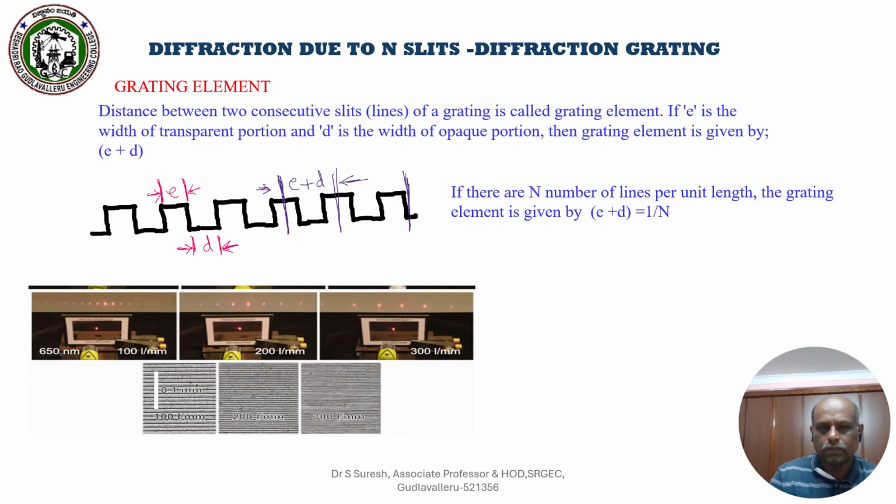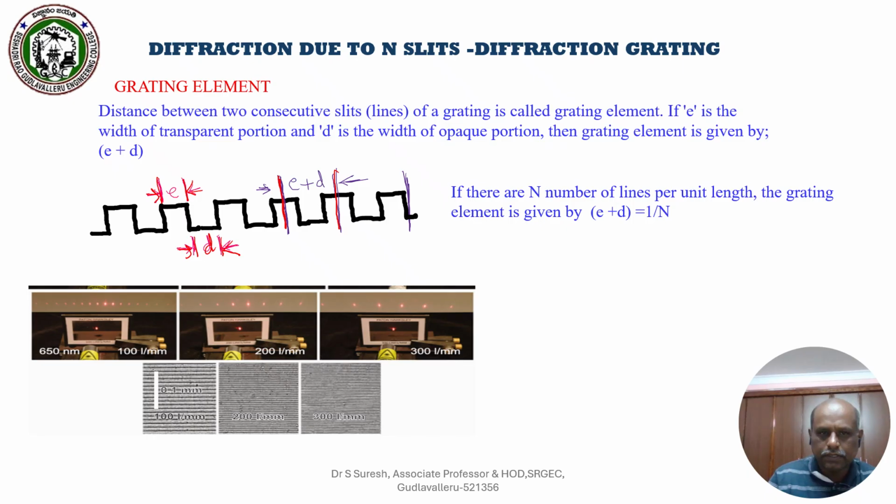Grating element. We can define the grating element as the distance between consecutive slits of a grating. If e is the width of the transparent region, and if you assume d as the width of the opaque region or non-transparent region, the grating element is the distance between the centers of two non-transparent regions or transparent regions. So here, e is the transparent region.